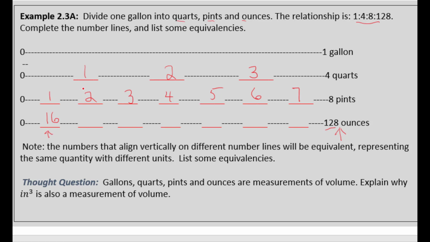So if I double the amount of pints, I would have to double the amount of ounces. Or if I triple the amount of pints from 1 to 3, I'd have to triple the amount of ounces. Or each eighth adds 16 more ounces.